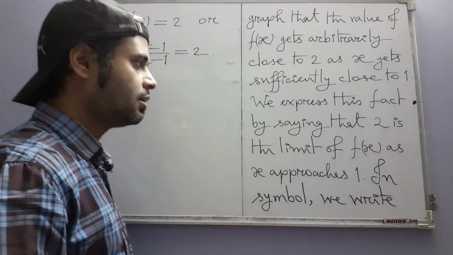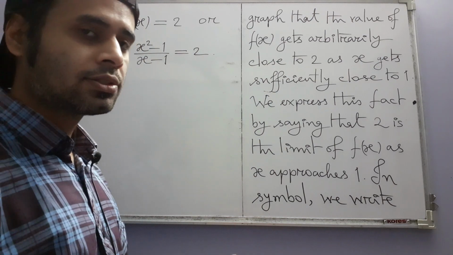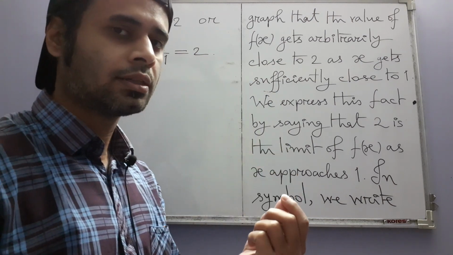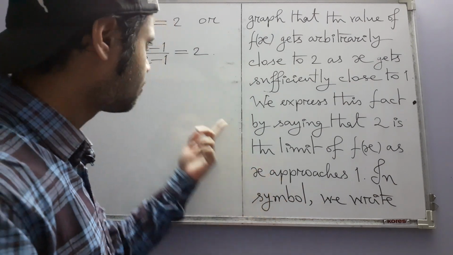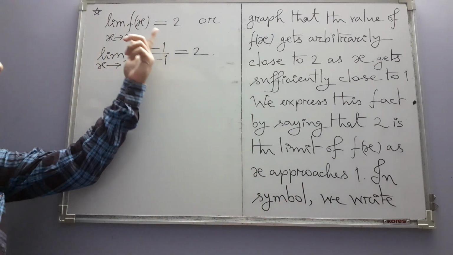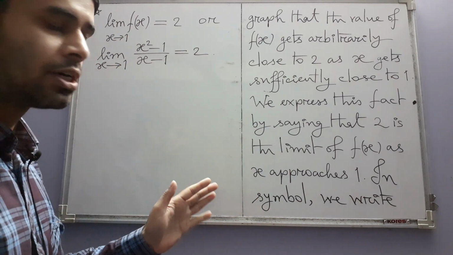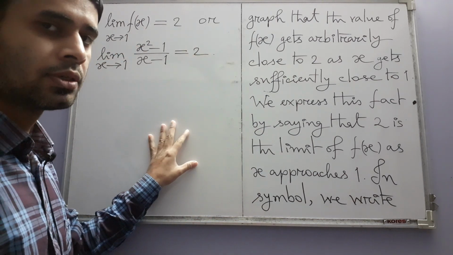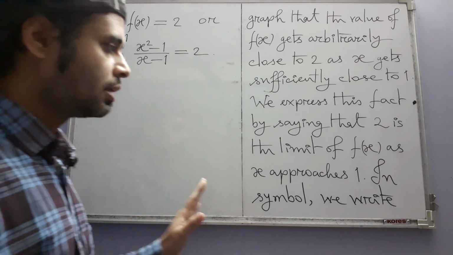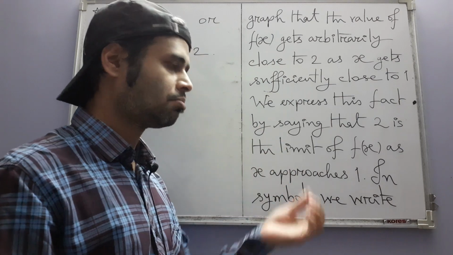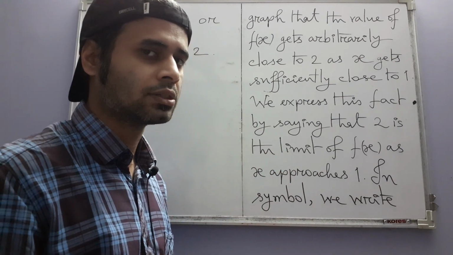So you see one important thing, that the function itself need not be defined at the point at which we are calculating the limit, because for example here the limit of the function at x equal to 1 is 2. However, 1 is not a part of the domain. It's not necessary for the point at which you are calculating the limit to be a point in the domain of the function.